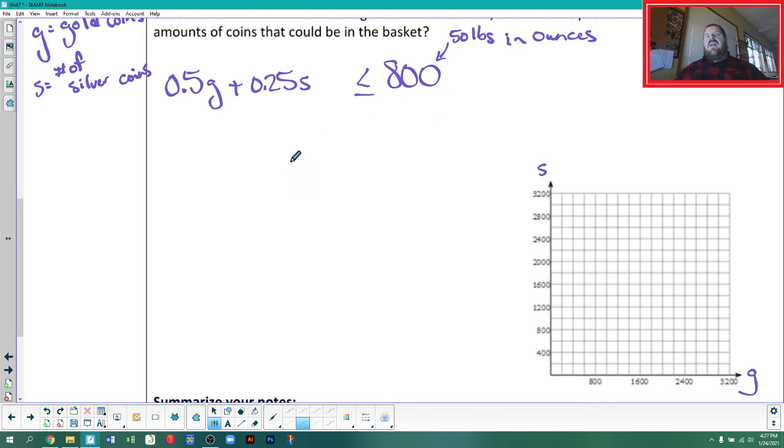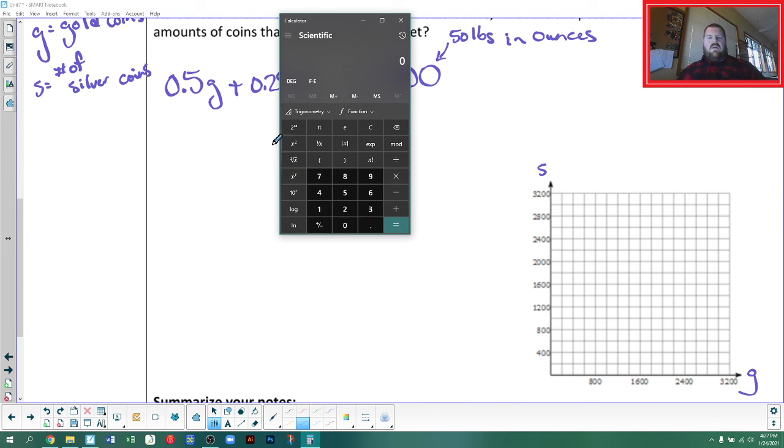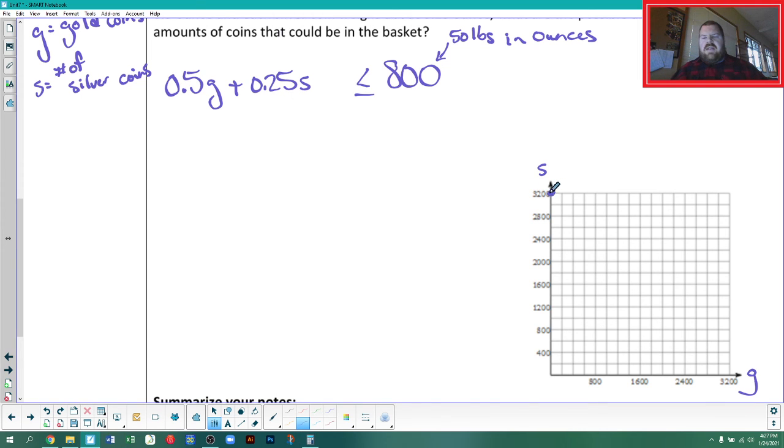So I'm going to take that 800 and divide it by 0.25. Let me grab a calculator for us. So I'm taking 800 divided by 0.25. And I get 3,200 as an intercept, technically an S-intercept.